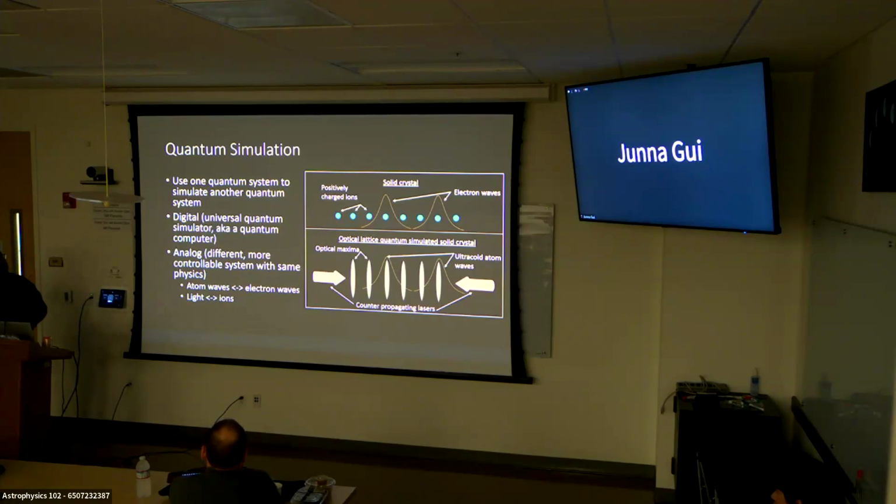Okay. However, for us on the quantum simulation side, instead of an array of charged ions, we have an array of optical maxima. Right? This is my optical lattice. I make this with lasers. And instead of having electrons hopping around this 1D array, you have ultracold atoms. Okay, and so I liken both of these, both electrons and ultracold atoms, to matter waves.